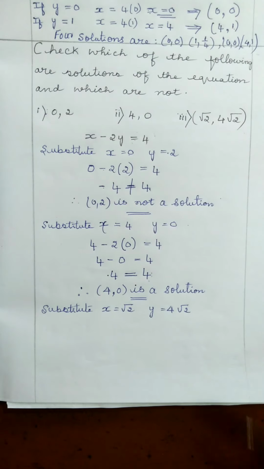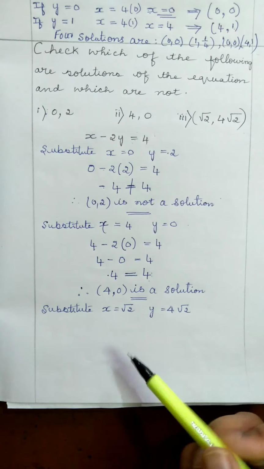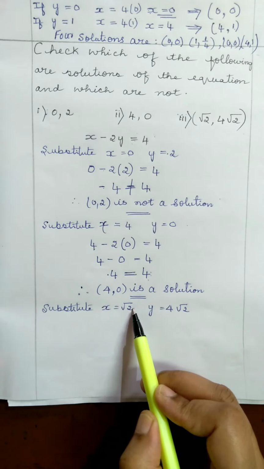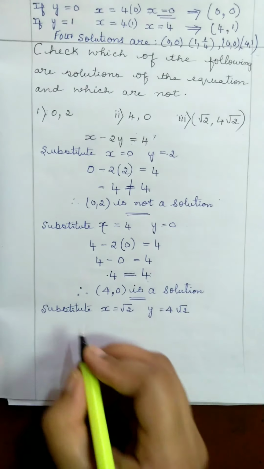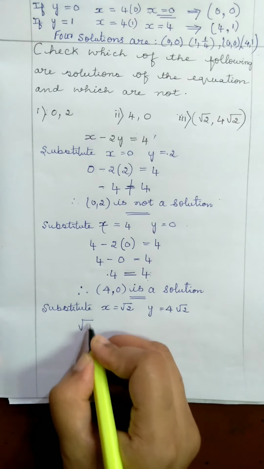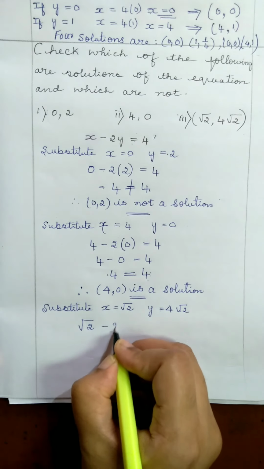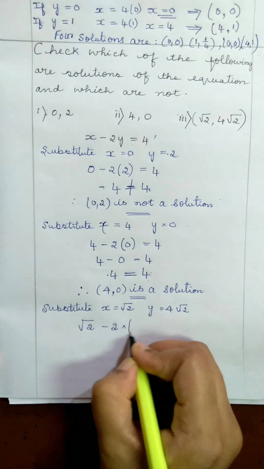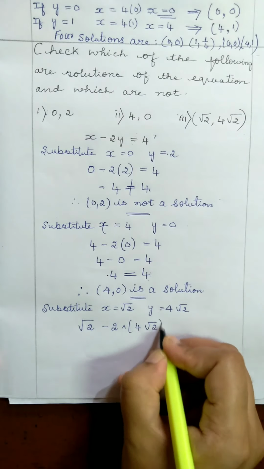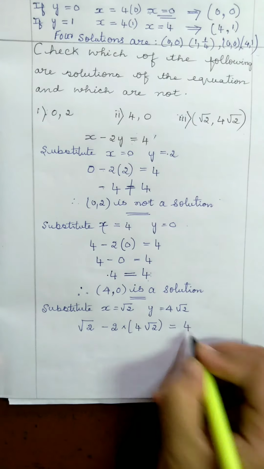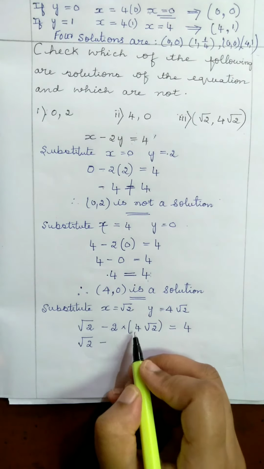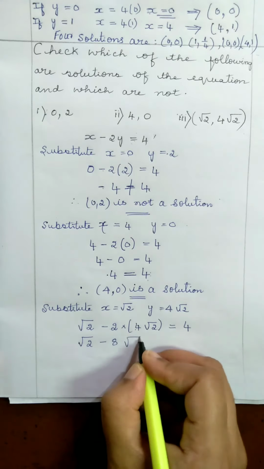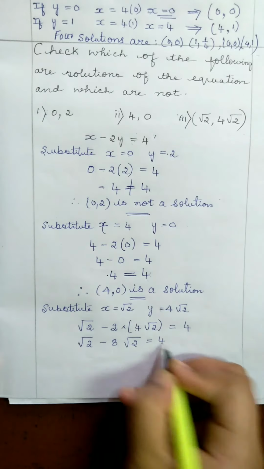Now, we have the third option. Substitute x equal to root 2 and y equal to 4 root 2 in this equation. So, we have root 2 minus 2 into 4 root 2 equal to 4. Now, in the next step, root 2 minus 2 4s are 8 root 2 equal to 4.